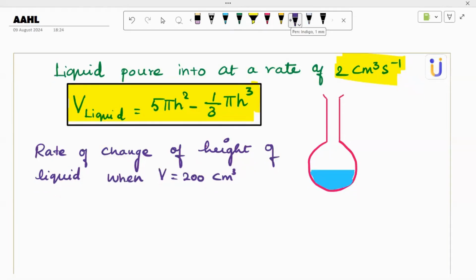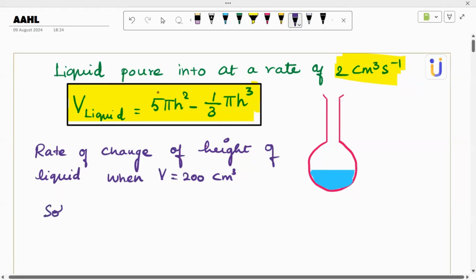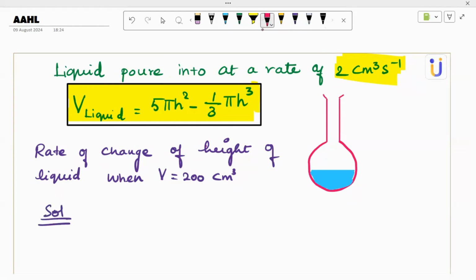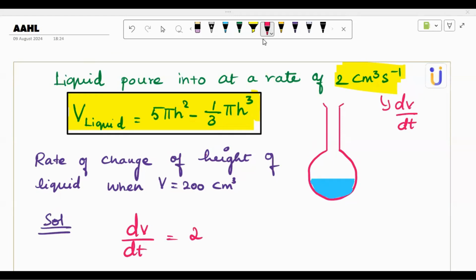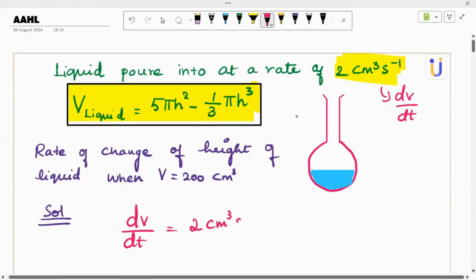Let's interpret this into math language. We are pouring a liquid at a rate, so it is the rate of change of volume, which we can mention as dV with respect to time. So dV by dt is 2 centimeter cube per second.